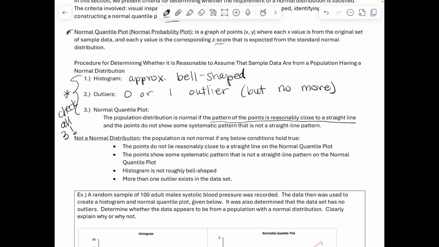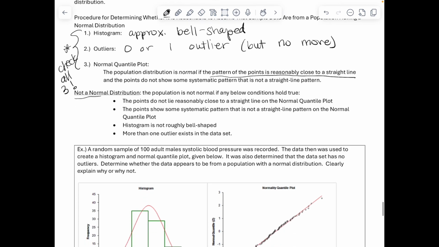Not a normal distribution. The population is not normal if any of the following conditions hold true. So this is if it's not normal. So the points do not lie reasonably close to a straight line on our normal quantile plot, or the points are showing some kind of pattern that's not a straight line on the normal quantile plot. The histogram might not be roughly bell-shaped, and that we have more than one outlier.